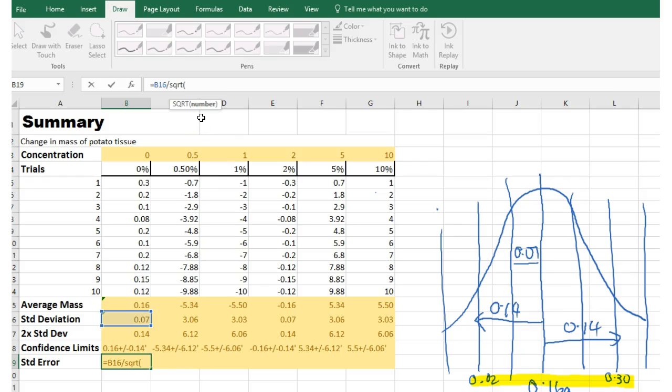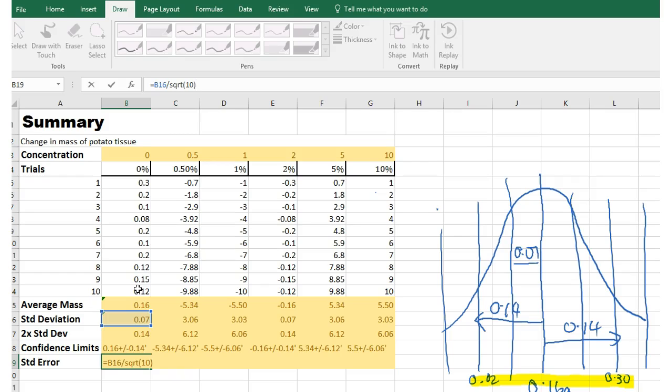And now you have to tell it how many times you trialed this data, so how many trials you had. Now you can either type in the number of trials that you have here, or you can tell Excel to count them up. So I could simply type in 10 trials, brackets 10, and close it, and it would find the square root of 10 and work it out.